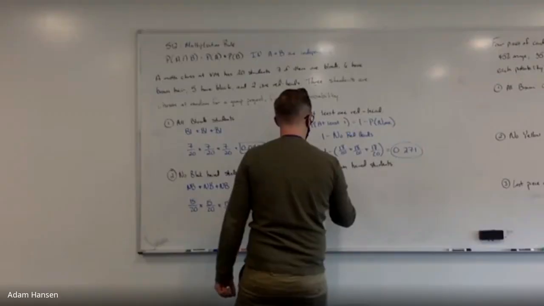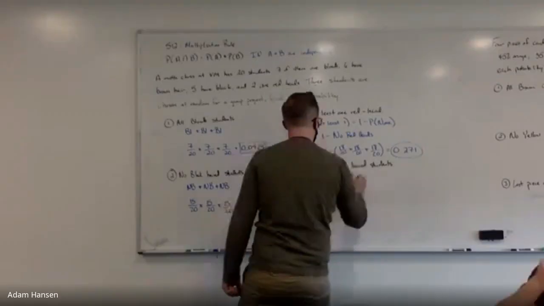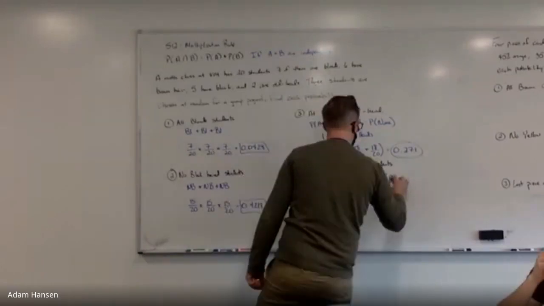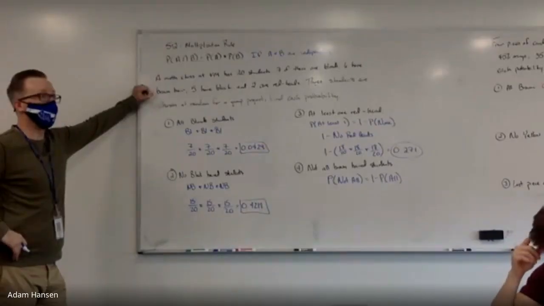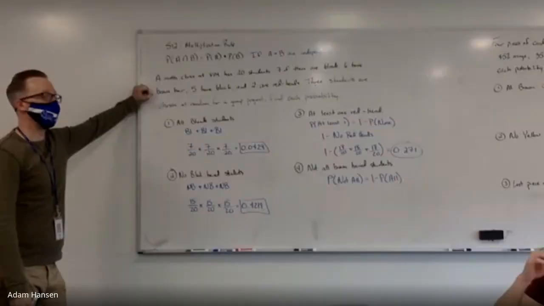The opposite or complement of all of them, the probability of not all, is 1 minus the probability of all. If I don't want to include the group where all 3 of them are brown haired, take that away from 100%. That'll leave me the probability of having none of them, 1 of them, or 2 of them with brown hair.